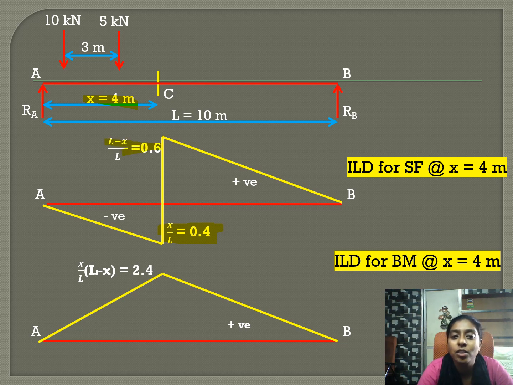And by substituting the values, we get L minus x by L, that is the positive ordinate, as 0.6. We add both, 0.6 plus 0.4, equal to 1. Always the total of the ordinates should be equal to 1. And for the bending moment, the ordinate is x by L into L minus x. By substituting the values, we obtained 2.4.